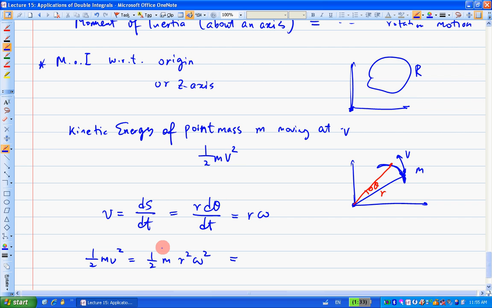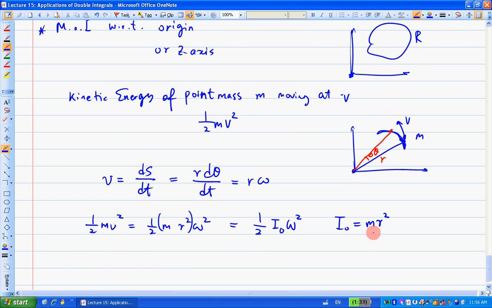In this particular case, I'm going to combine these two together. So I get 1/2 I omega squared. I call it I naught, and I naught equals m r squared. Does that make sense? All good? So what's this here? This is basically what we call the moment of inertia of this point mass with respect to the origin.